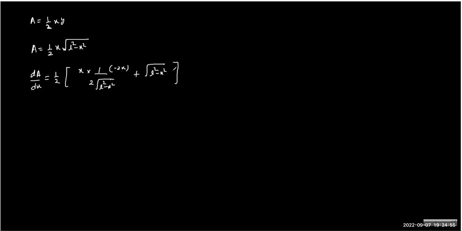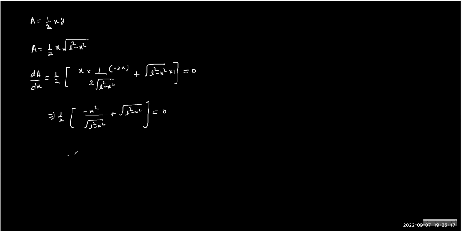So that means 1. And we are supposed to put this to 0. So what you get here is minus x square, and anyway we have to put this to 0.